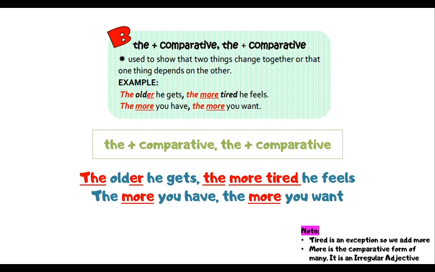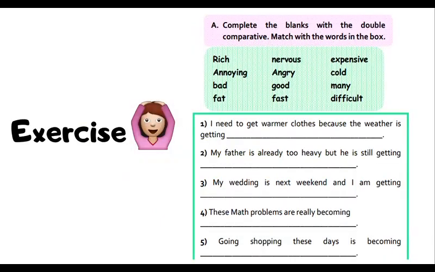So much and many have a comparative form which is more. The more you have, the more you want. Here more is the comparative form of many. Many belongs to irregular adjectives. Okay? Great. Next is your exercise.